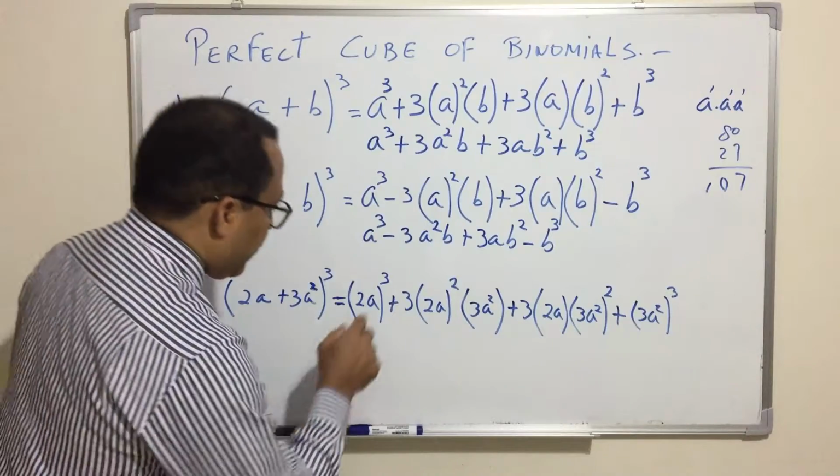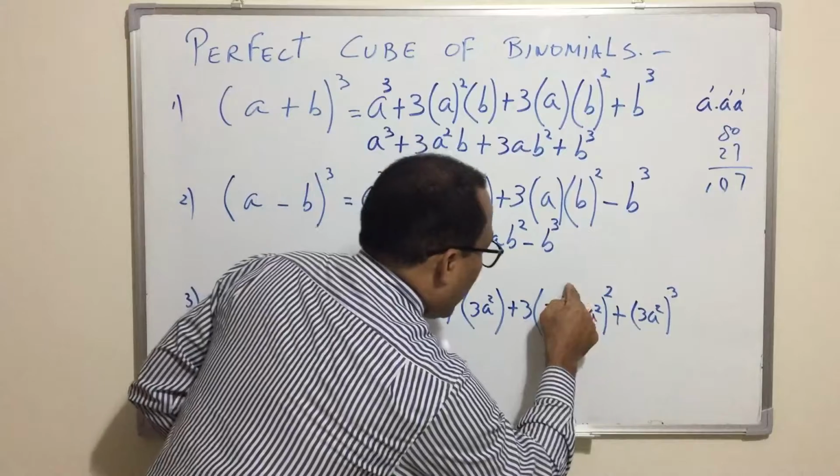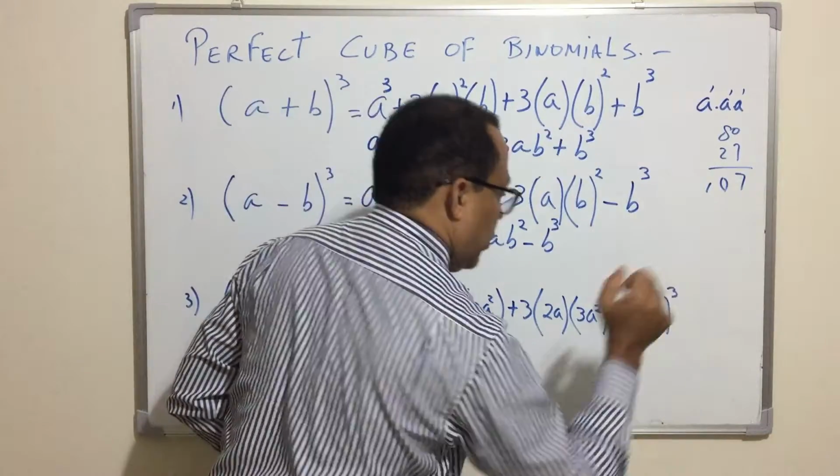Once again, we have 3, we have 2 plus 1, 3, we have 1 plus 2, 3, and the number 3.